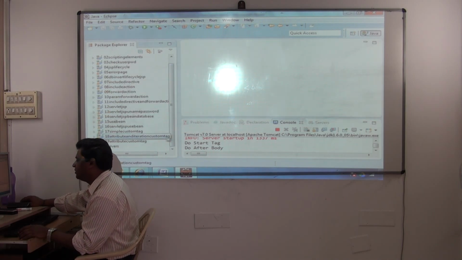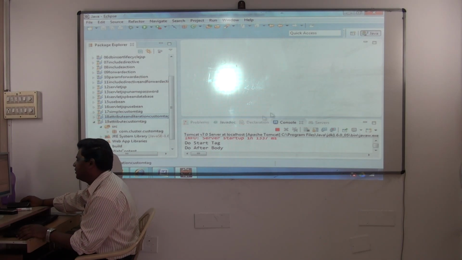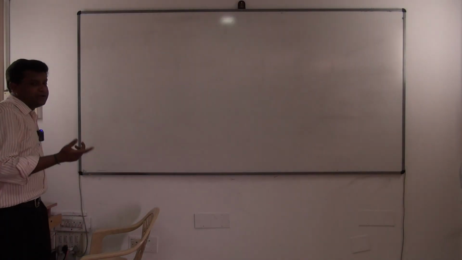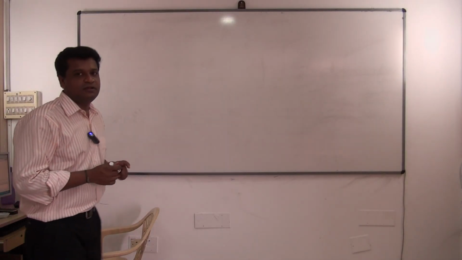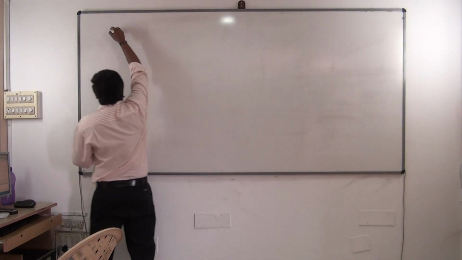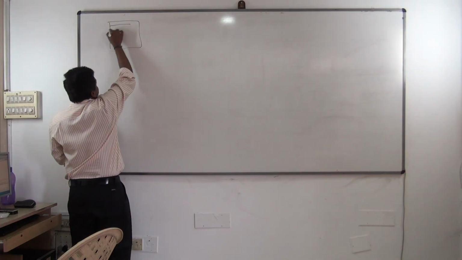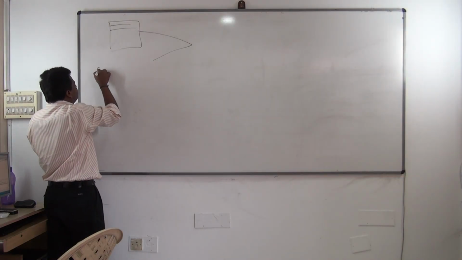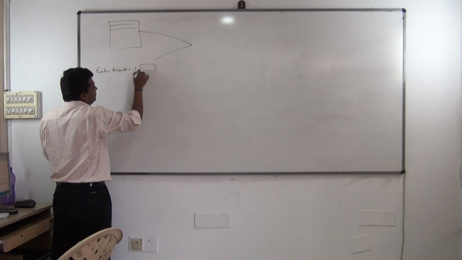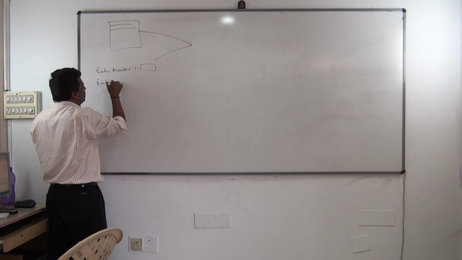Now I'll show you one more. Now see this. I'll give you a requirement. For that requirement you have to write a custom tag, because you don't want to write Java coding in the JSP. See this requirement now. On the first page, when you make the request, you will ask the user to enter 2 numbers. Enter number 1 and enter number 2.